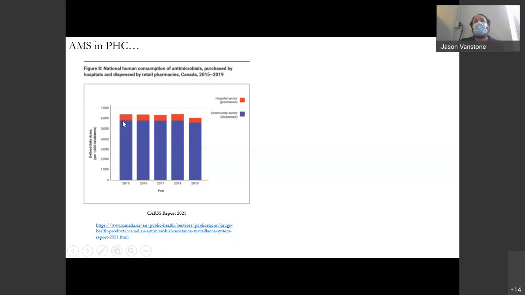And so you can see that the vast majority of antibiotics are used in the community sector. So more than 90% in Canada of antibiotics are prescribed in the community sector. So if we want to talk about where we might get the most bang for our buck in terms of antimicrobial stewardship, clearly community is the place that we want to have at least one of our focuses on when we're working in this world.